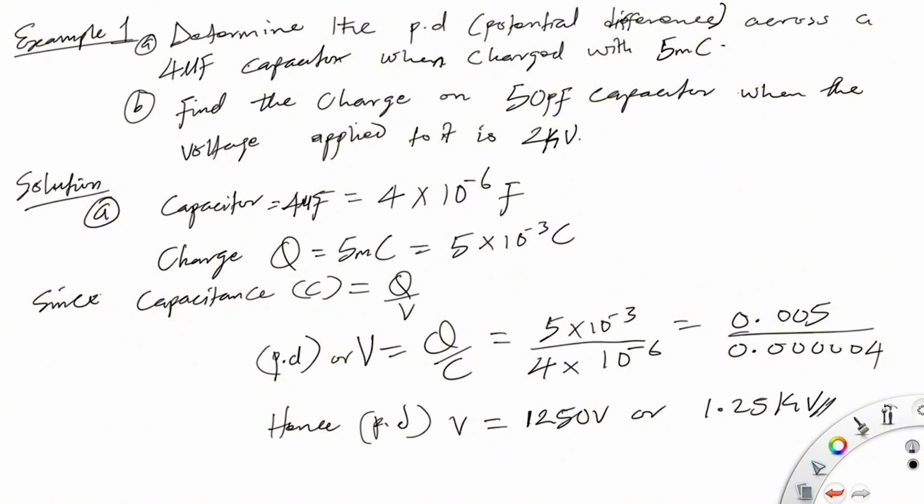We've calculated it. Let's now solve for B. We were asked to find what? Find the charge on the 50 picofarad capacitor when the voltage applied is 2 kilovolts.